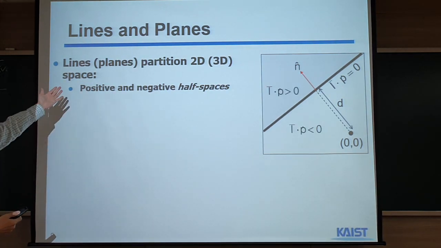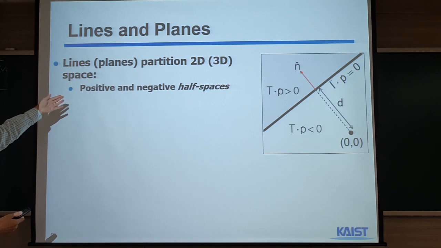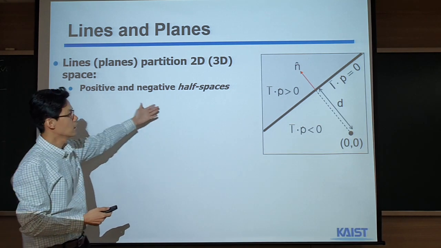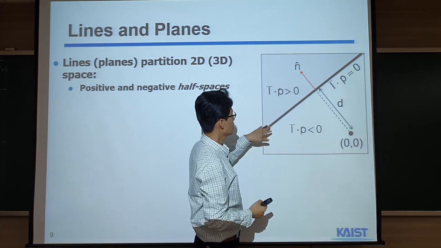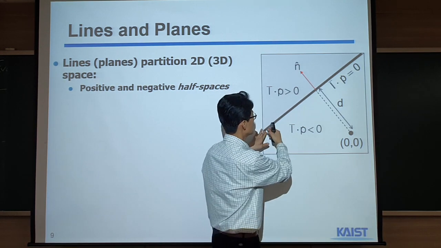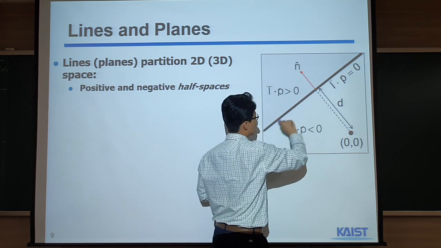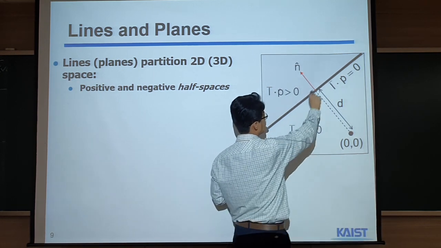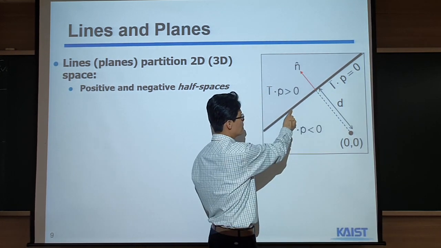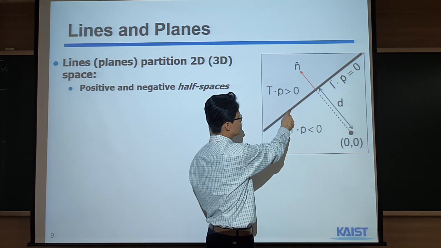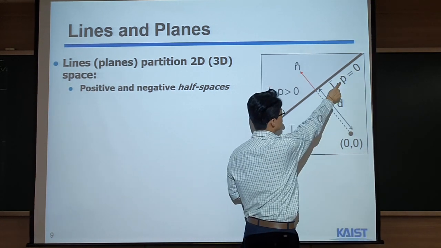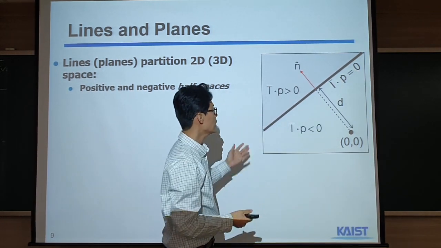So this line or plane partitions the space, right? A point satisfying this line equation is located on the line. If you put that point into the equation, it will give 0, right? In other words, the line partitions this space into a positive half space and a negative half space.